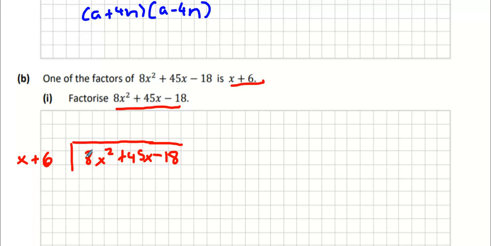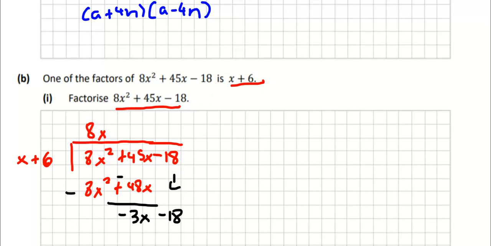So you can say that goes in 8x times, then you multiply it out, so you're going to get 8x squared, multiply the 8x by the 6 to get 48x, take both of them away, and you get 45 take away 48, which is minus 3x, bring down the minus 18.